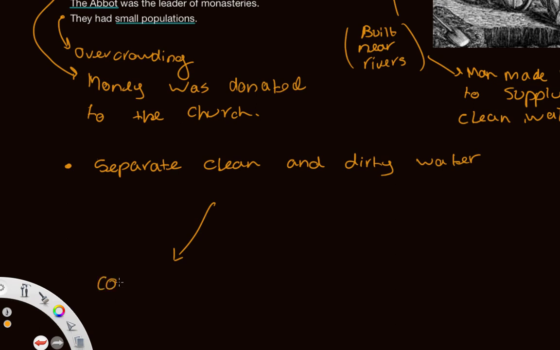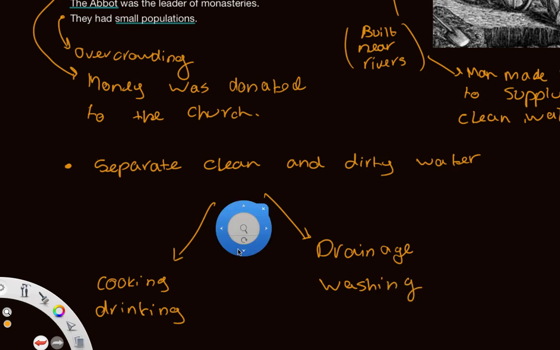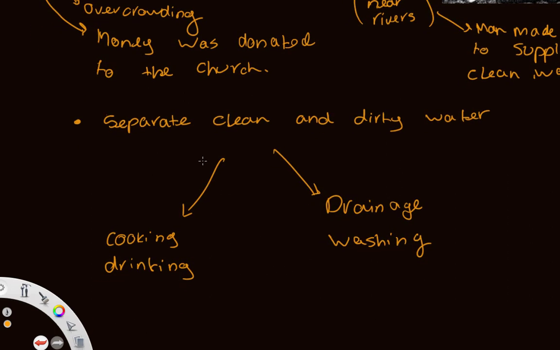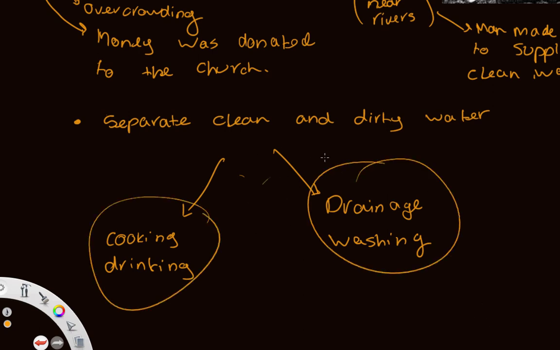We have cooking and drinking, and we have one for the drains, so drainage, and we have one for washing. This is also important because it separates the two tasks: the tasks where things go into your body and a task where things leave your body. Therefore, we have a separation of the two, and therefore creating a more hygienic place.